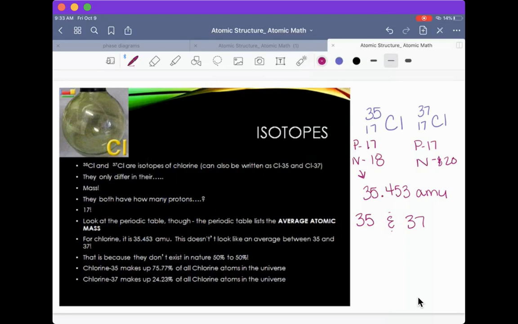If there were more of 37, you would expect the average atomic mass to be closer to 37, but it's not. It's closer to 35. So without even knowing the most abundant isotope, I could make a prediction based off the number on the periodic table. I would say chlorine 35 is more abundant.